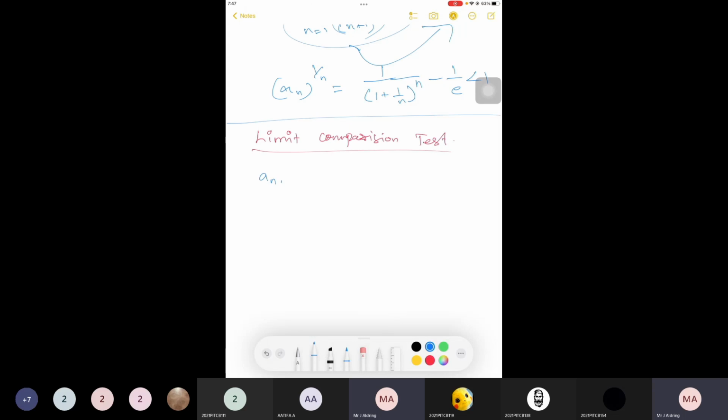Suppose a_n and b_n are series with terms greater than or equal to 0. Suppose a_n by b_n tends to L. Tends to L in the sense it may be any number.